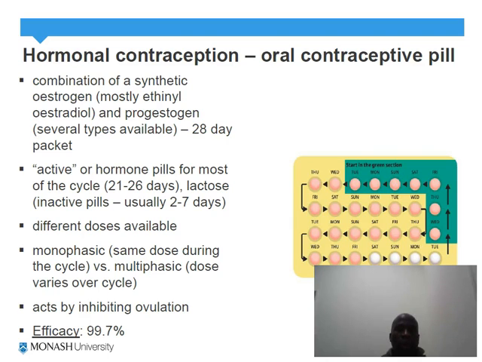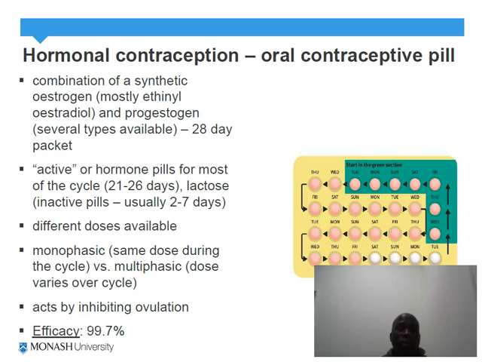They involve active or hormone pills for most of the cycle, which means if a person is on OCP, she will always be on hormonal pills for all these days throughout the cycle, from 21 to 26 days. But they also contain lactose in the inactive part. As you can see, the white ones are lactose, usually 2 to 7 days.